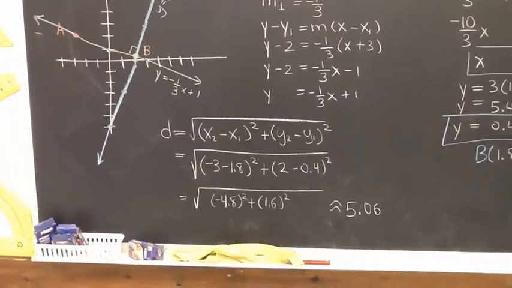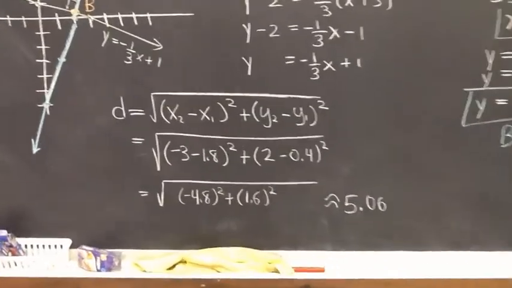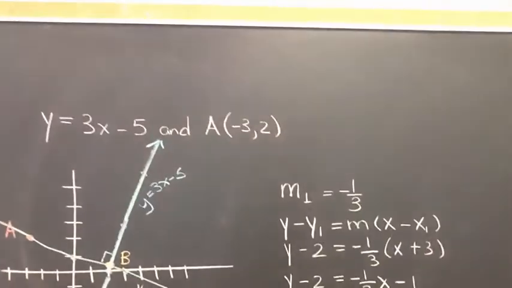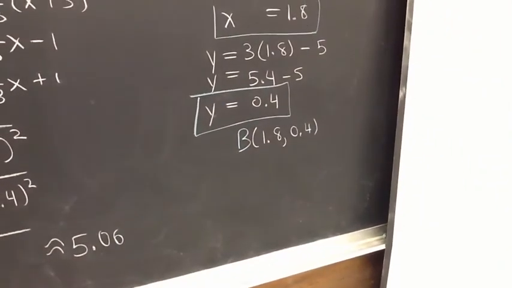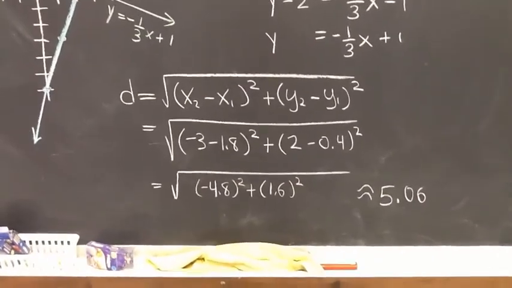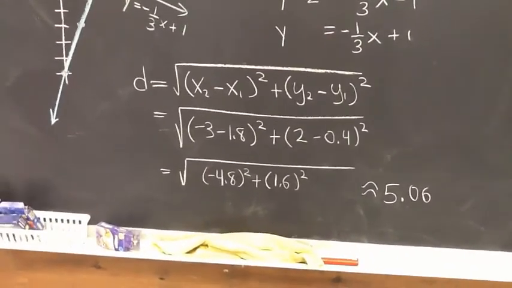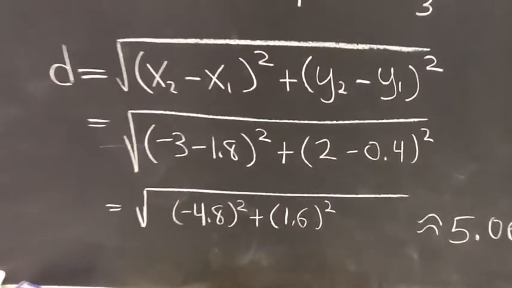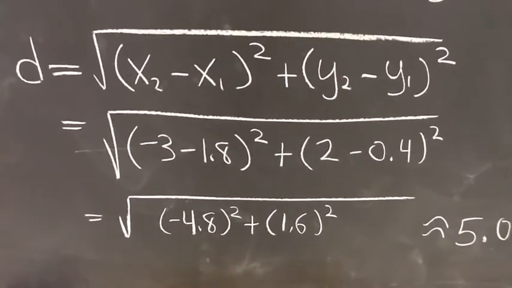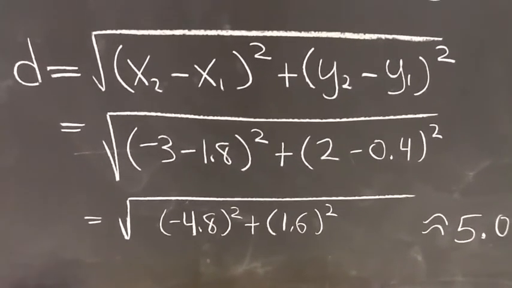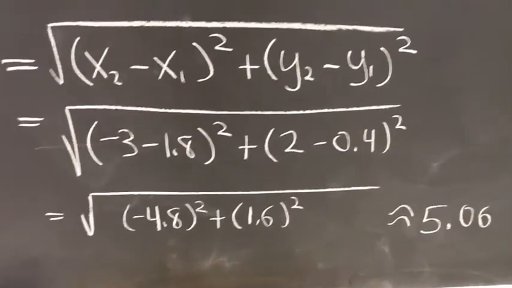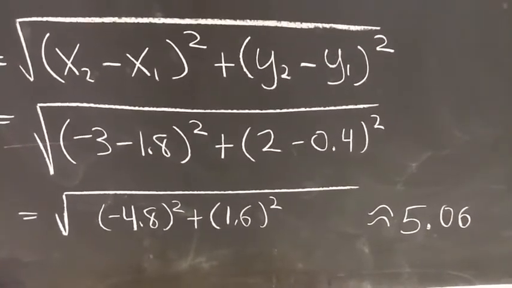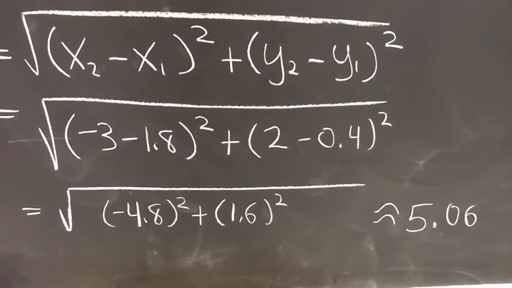Here's the distance formula. The two ordered pairs that we're dealing with are negative 3, 2 and 1.8, 0.4. We plug these into the distance formula. This becomes the square root of (negative 3 minus 1.8) squared plus (2 minus 0.4) squared.